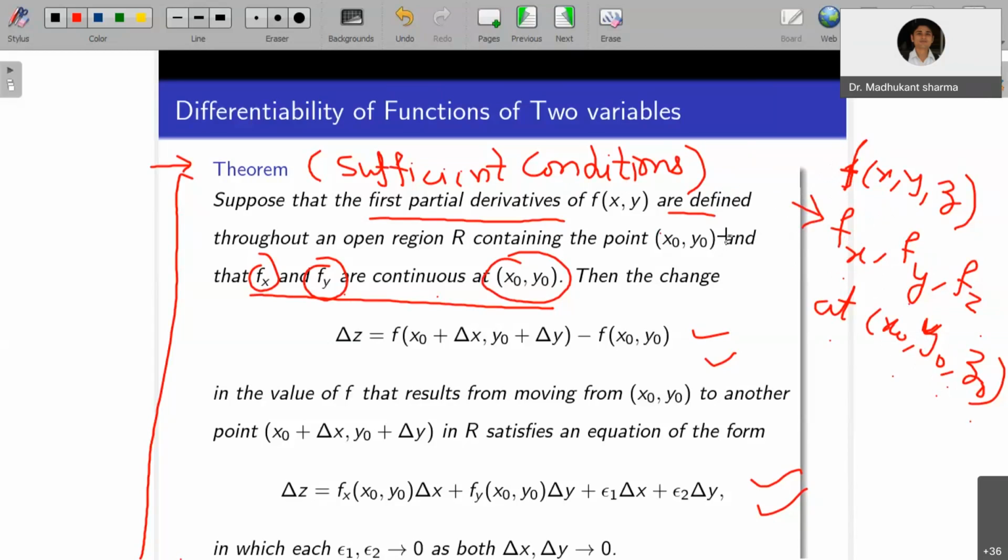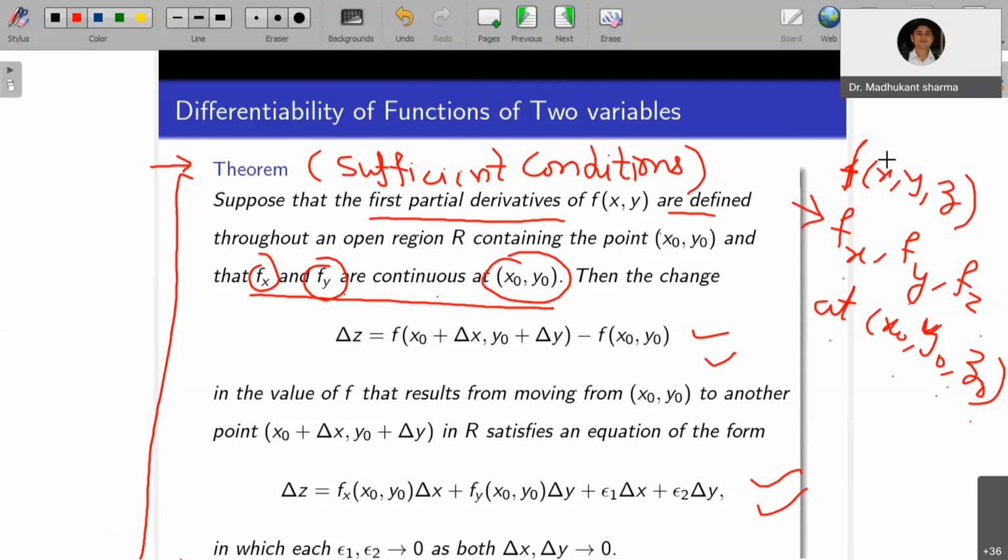There is no need to memorize these things. Suppose f is a function of n variables. If you want to say it is differentiable at some point x1, x2, and so on up to xn, what you need to check is simply that all the first order partial derivatives are continuous at that point.